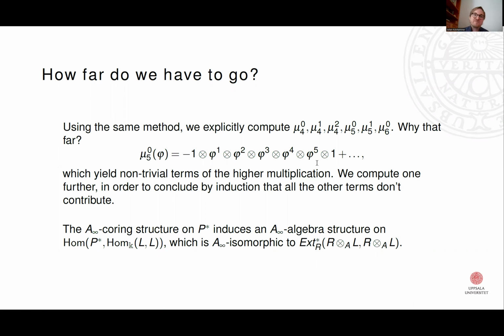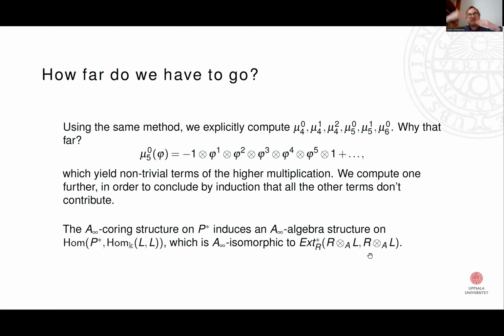And then we computed one further, because then we can set up an induction argument to say that from term mu6 0, there will be no further contributions to the terms of the infinity structure that we're interested in, namely the infinity structure on this X algebra.